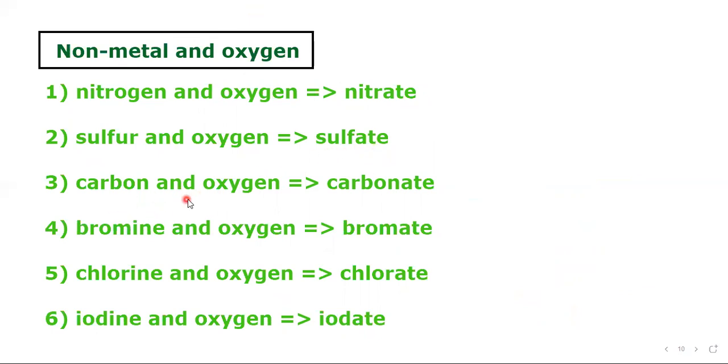Carbon and oxygen become carbonate. When you mix bromine and oxygen, it will become bromate. And here, chlorate and iodate. So this is the second method, which is metal with non-metal and oxygen. You need to change the non-metal and oxygen to ATE.